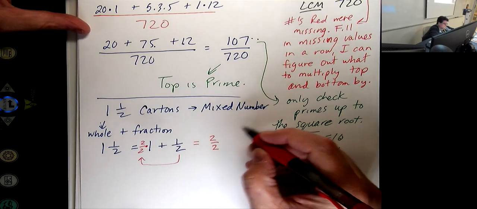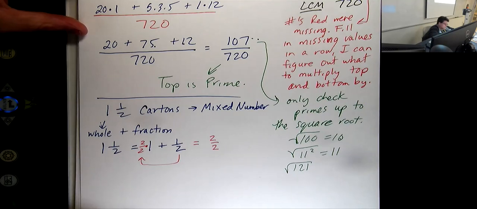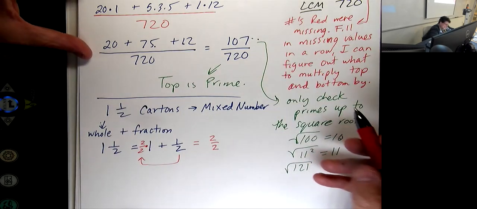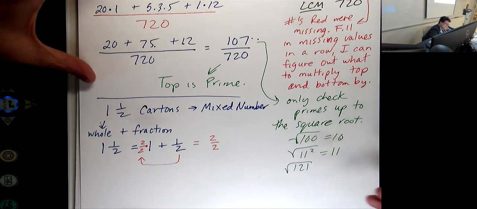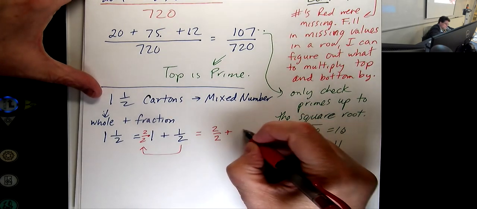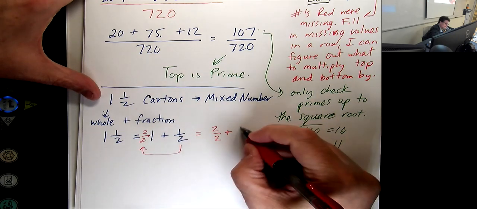How do you multiply 2 times 2 times 1? Just theoretically, if 1 was a different number. I'm getting there, but it's a good question. Let me finish with this example first. So 2/2 times 1 is just 2/2, and then I got 1/2.